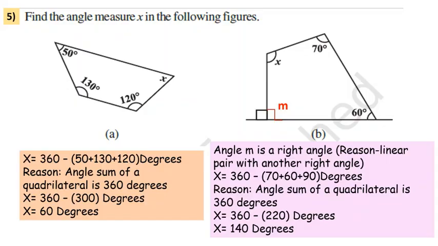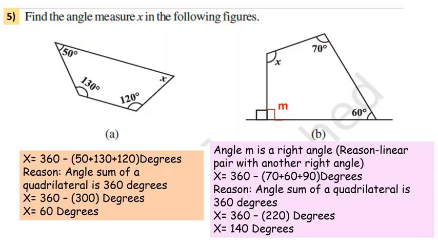To find that m, here we are using linear pair. Okay, the property which is true everywhere. When two angles are there on a straight line at any one point, those two angles sum will be 180 degree.